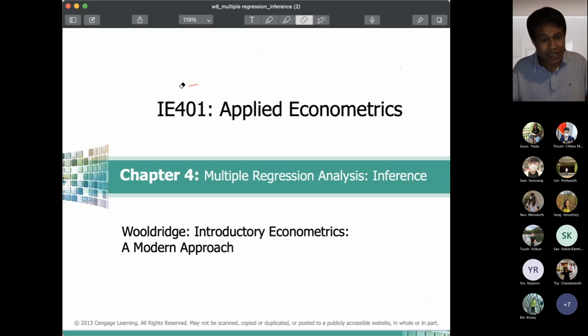When you omit ability from your equation model, we call it omitted variable bias. And you learned that if we omit ability, the estimate of education on wage is biased. Is that clear?